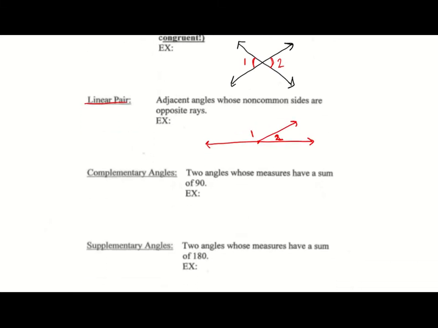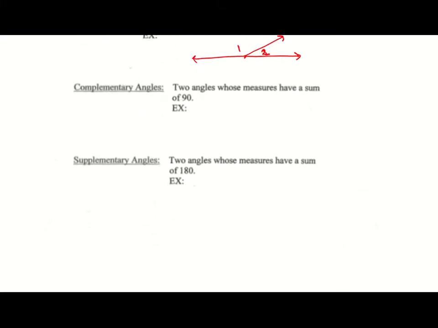Okay, our next one is complementary angles, and these are two angles whose measures have a sum of 90 degrees. I'm going to draw two examples of this because we could have angles that look like this, if we had 30 degrees over here and 60 degrees over here. That would be one example of complementary angles because they add up to 90.